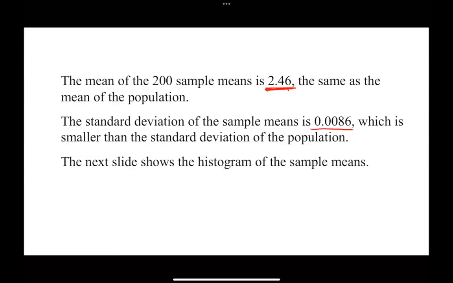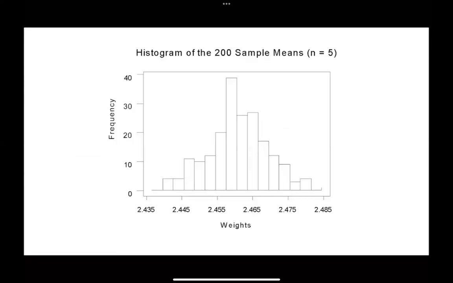So let's take a look at the histogram on the next page. Here's the histogram of all of the sample means with my samples of size n equals 5. They're pretty close together. It looks all spread out, but take a look at the numbers down at the bottom. This number right here is about 2.40, and then up here, we're at about 2.48.